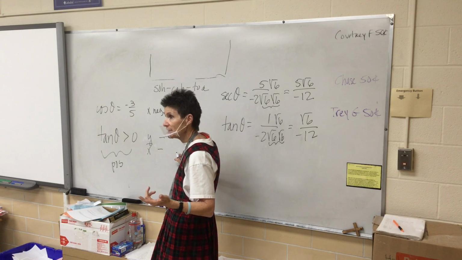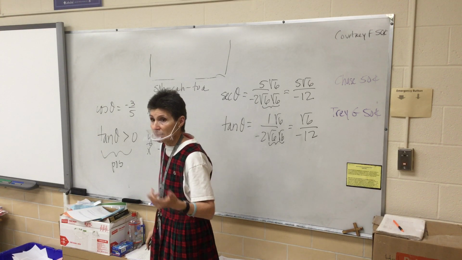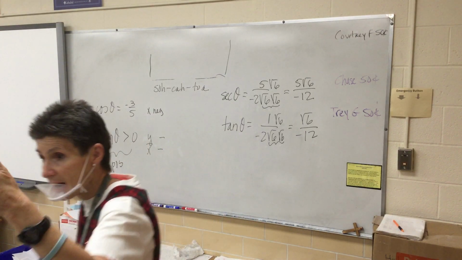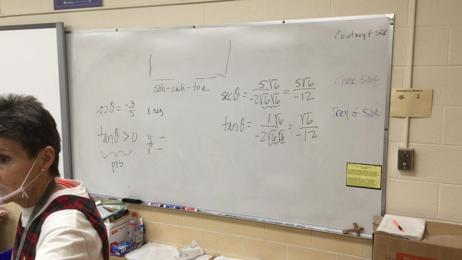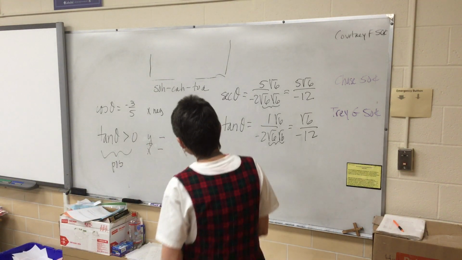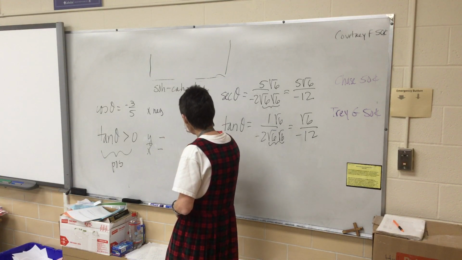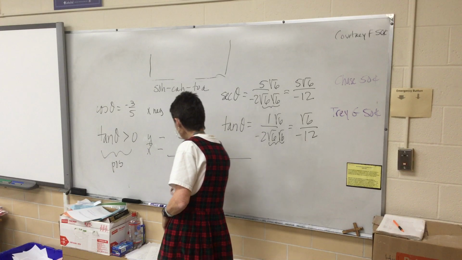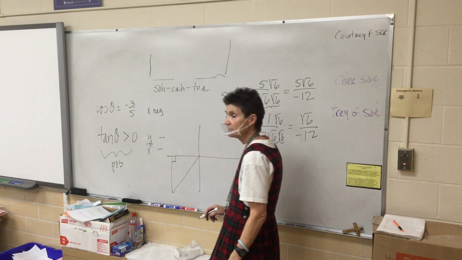Doesn't y also have to be negative? Because if you're going to put y over x, but you know the bottom's already negative, the top has to be negative too, to end up with a positive. So where is it that y and x are both negative? Right here, isn't it? Quadrant 3.